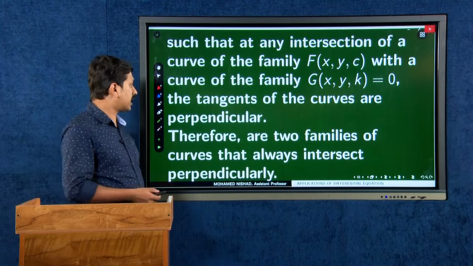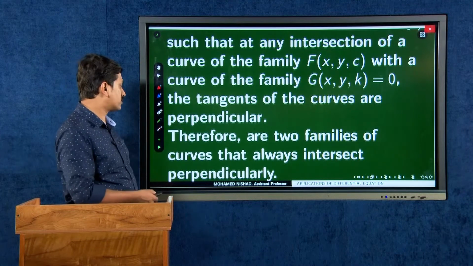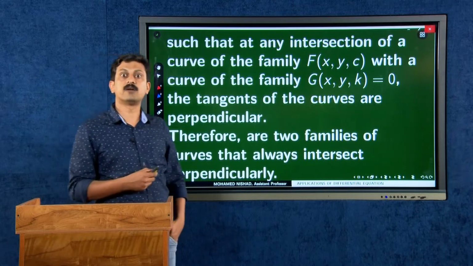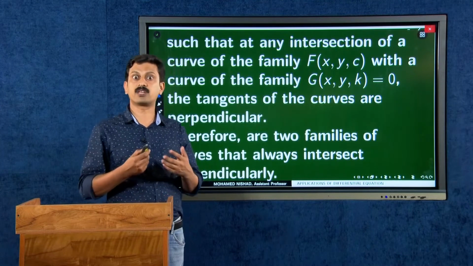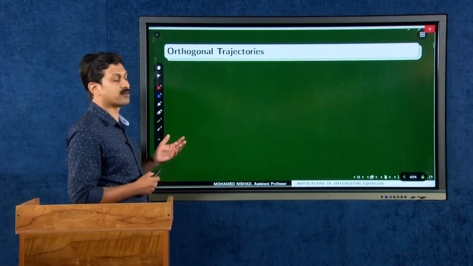Therefore, these two families of curves always intersect perpendicularly.